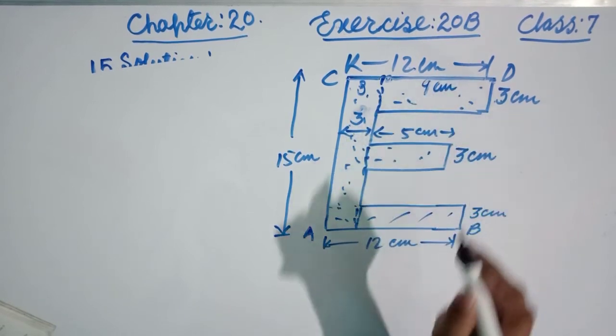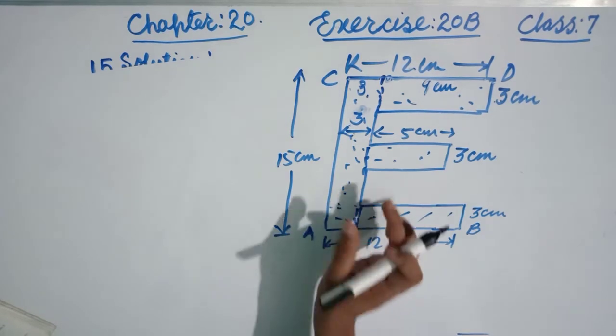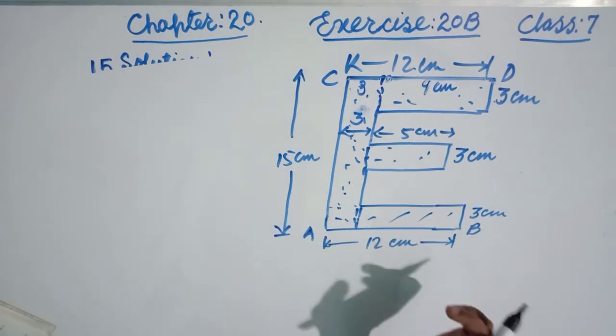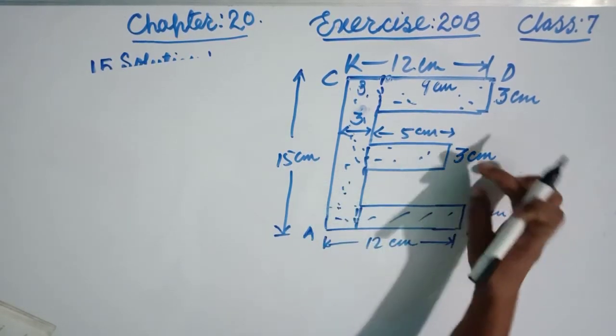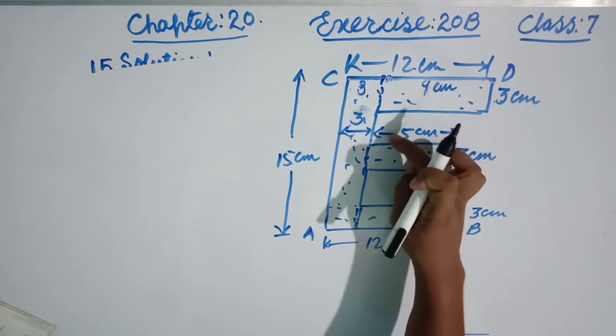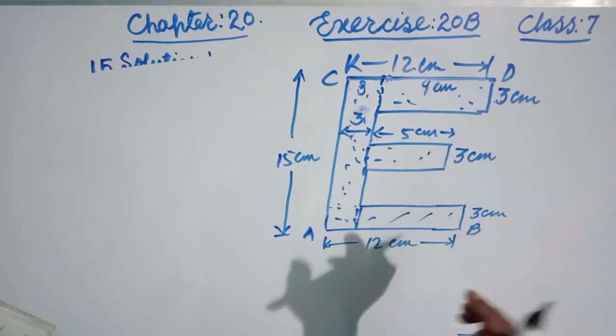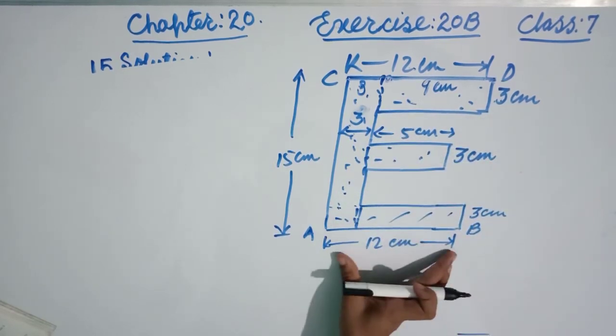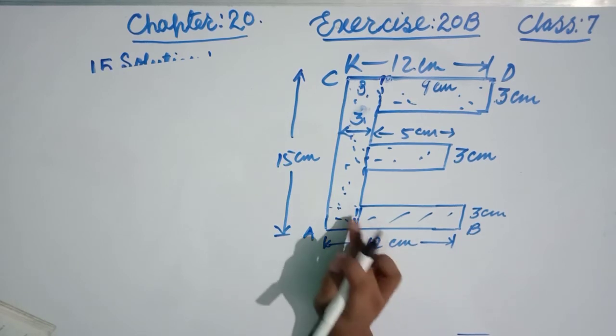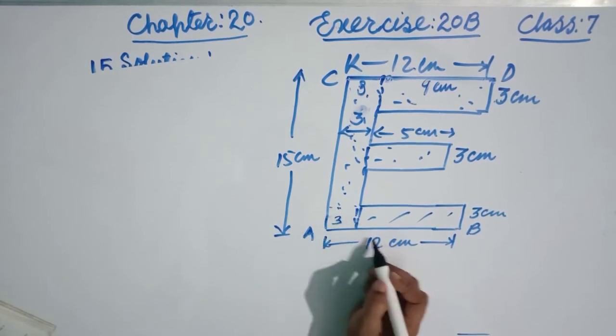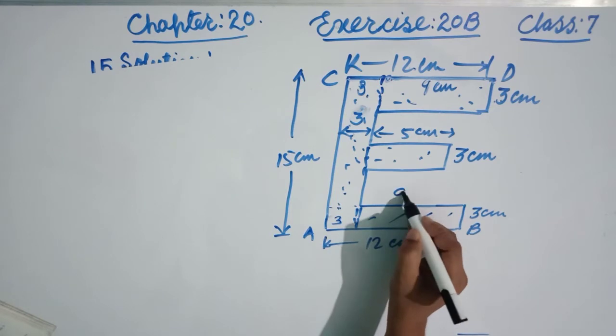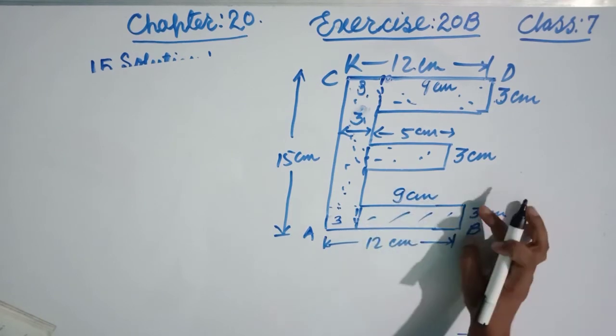Now see friends, here this is 5 and this is 3, so the length is known and the breadth is also known. Here, total this is 12 and this is 3 because the breadth is 3, 12 minus 3 becomes 9, so this is 9 centimeter and the breadth is given.